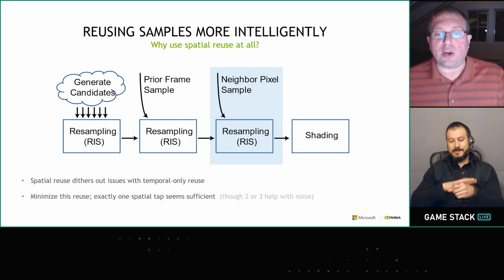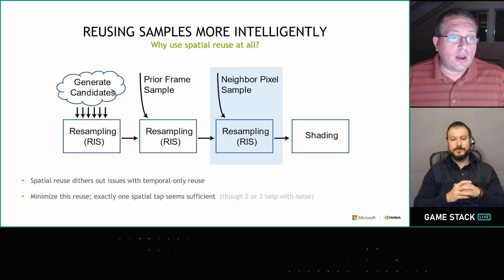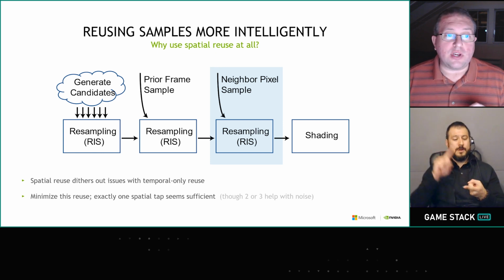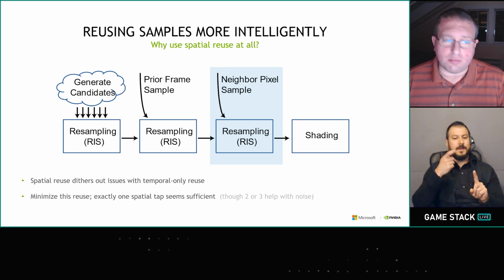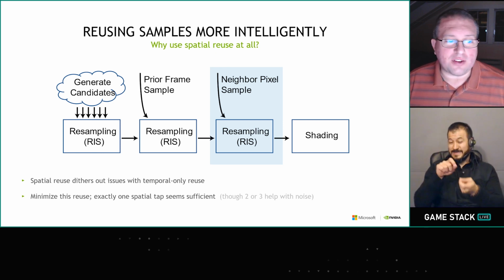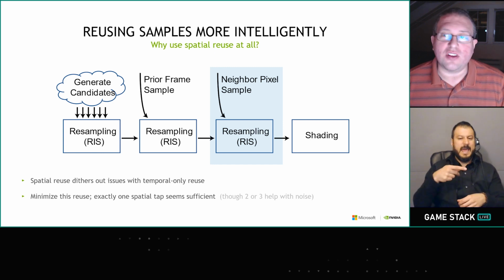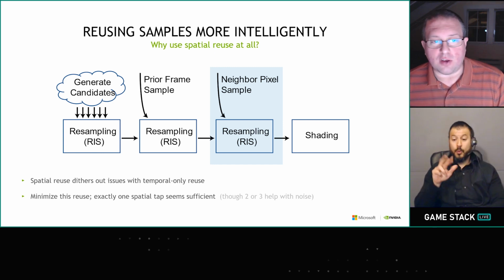It also helps bring in data from adjacent pixels into disocclusion regions. But we do want to minimize this reuse because this contribution is not as important as the one from temporal. And so we found that exactly one spatial tap seems sufficient, although 2 or 3 can sometimes help with noise.